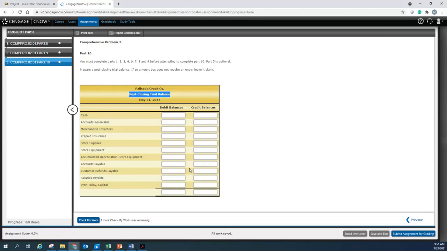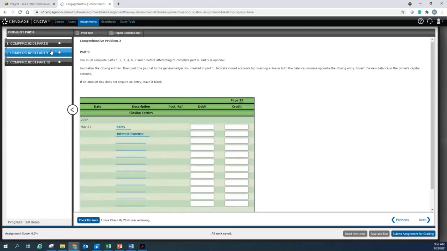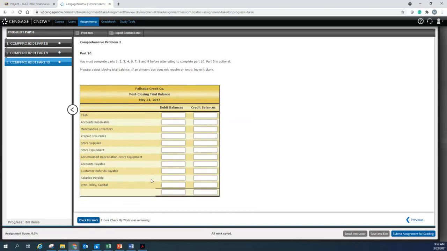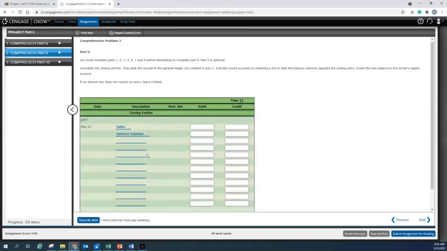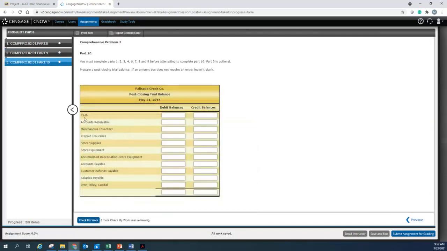There's no drawn account because it's closed out to capital, and we did that over here in the previous step. So if we close it out to capital, then the capital balance will be changed from the previous trial balance. And everything else will be the same. All these will be the same because these closing entries do not impact any of these balances.